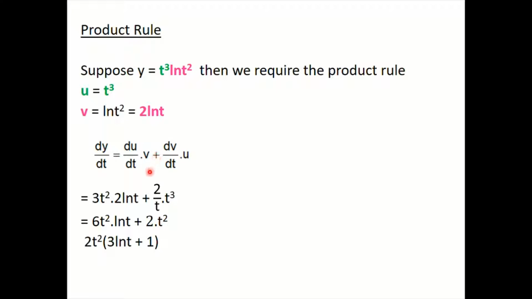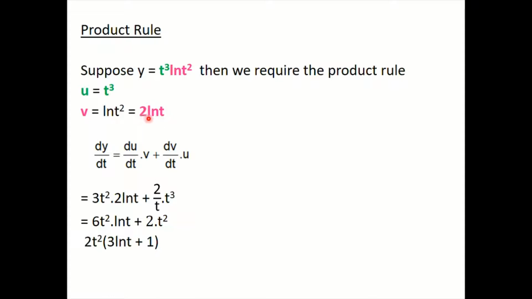Then we have plus. Then we have to find the derivative of v with respect to t. So that there now is the logarithmic function. We need to remember how we differentiate natural logarithms. And remember we've got this 2 in front, which will remain. The derivative of the natural log of t is just 1 over t.